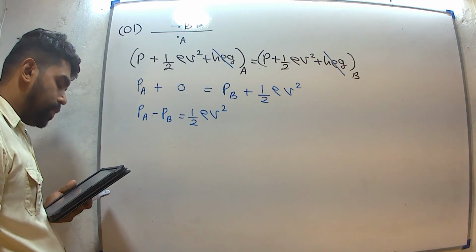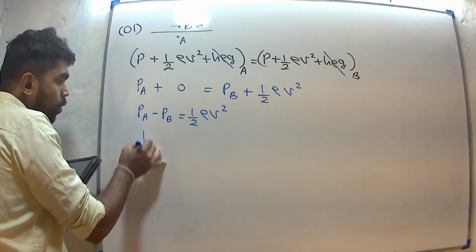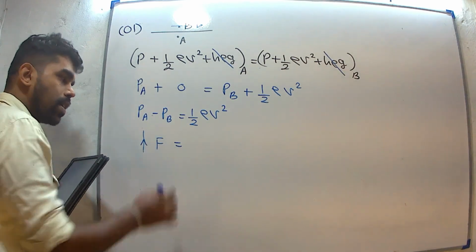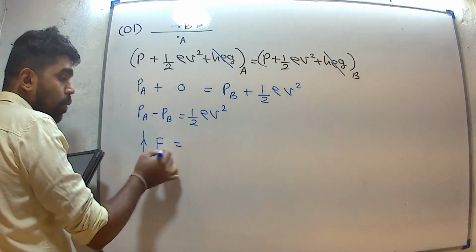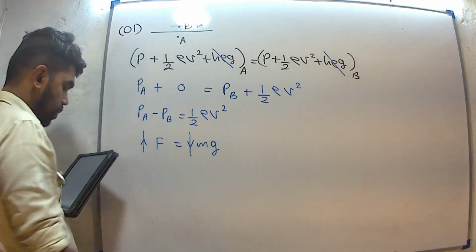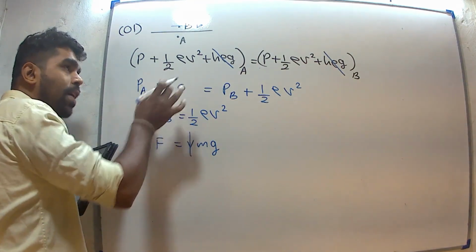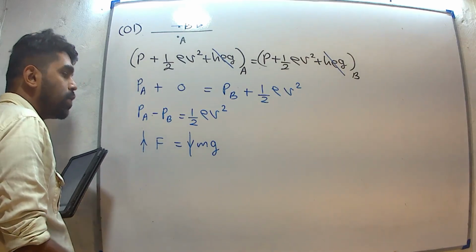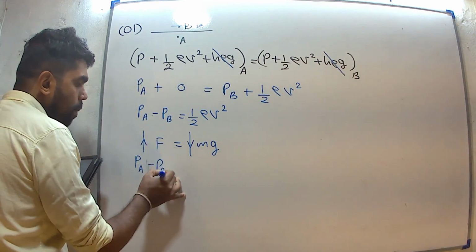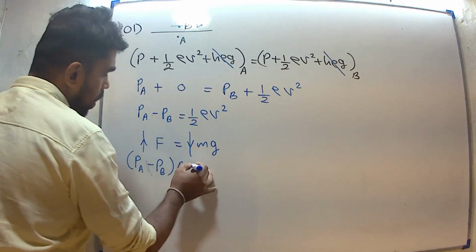and we know that to keep the strip horizontal, the weight of the strip should be equal to the upward force due to the pressure difference. We know that pressure is force divided by area. Then force is pressure difference times area: PA minus PB multiplied by area equals mg.